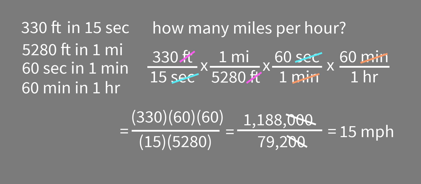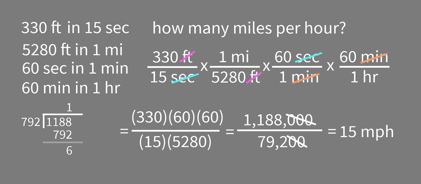And then we could make that a long division problem. 11,880 divided by 792. 792 will go into 1,188 one time. Subtract, we get 6. This becomes 18. This becomes a 0.